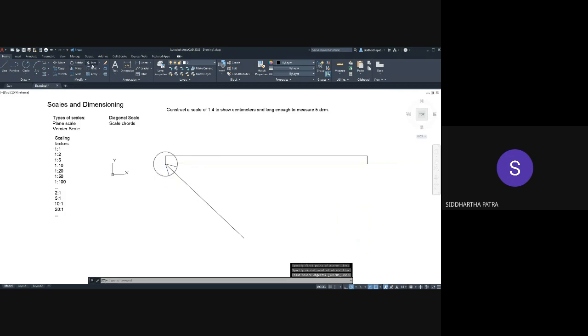Then I would trim this portion, also trim this portion. Acha, also need to trim this portion.